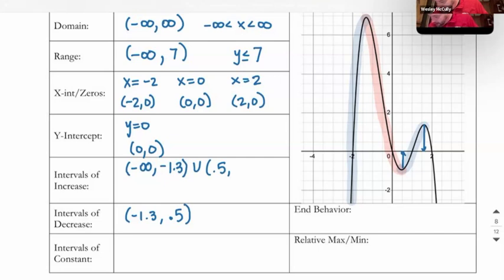That's approximately 1.6. We have that interval right there. Okay. Again, this is not exact because we don't know exactly where those points are, but we're given an estimate here.